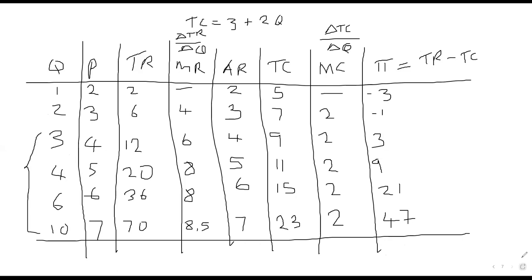Now, we can also use functions to calculate what we have just done. You would be given the price function as 170 minus 5Q, and total cost could be 40 plus 50Q plus 5Q squared.